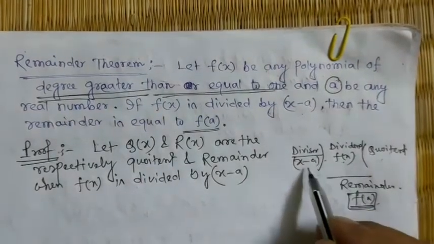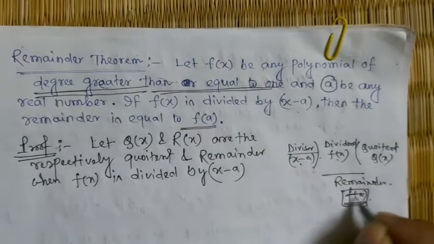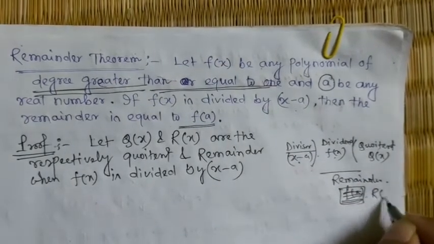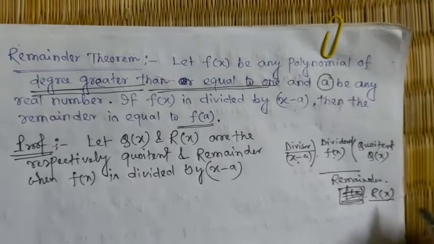So when f(x) is divided by x minus a, then q(x) is the quotient and this one is the remainder.